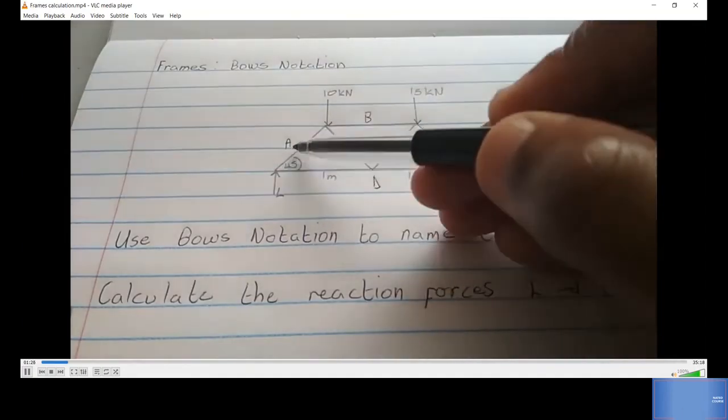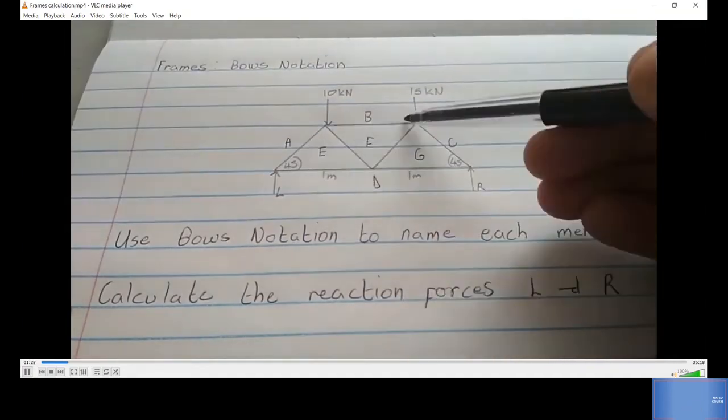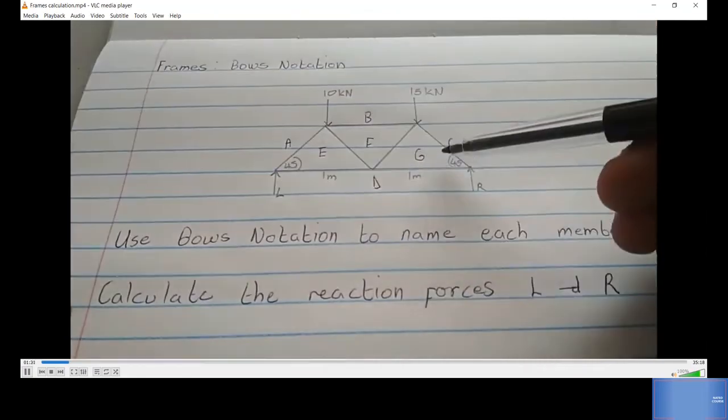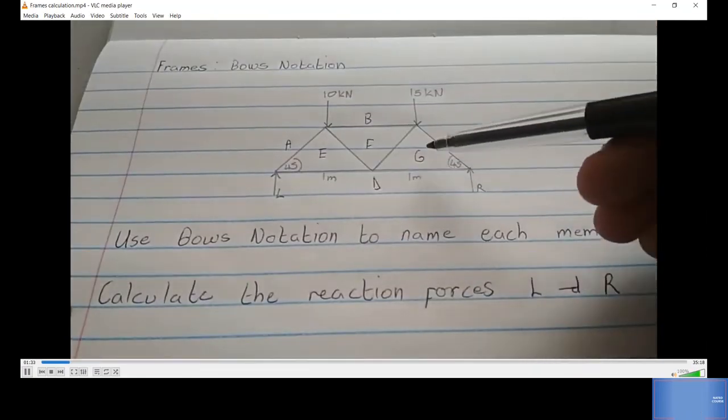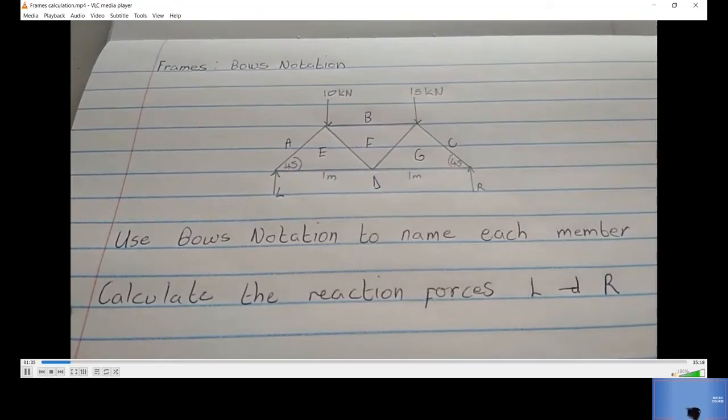So this member here is going to be AE. This member here is BF. This member here is CG, and so on and so on. Okay, we are done with the Bow notation.